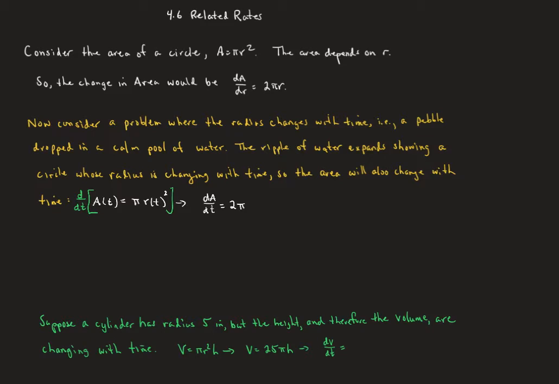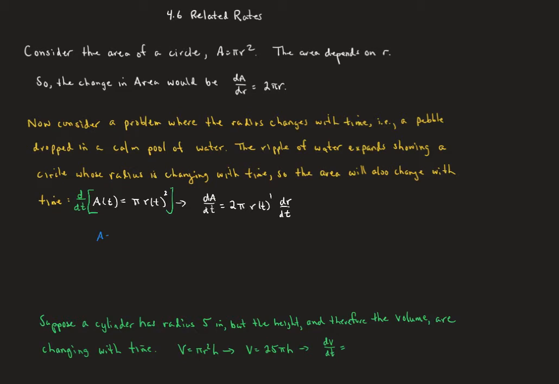We're going to get pi times r(t) to the first, and then times the derivative of the inside function r, which we typically call, in this case, dr/dt rather than r prime, because we usually want to emphasize the fact that it's the t that's the independent variable here. So that would make more sense, but unfortunately, it's not usually written in that kind of notation.